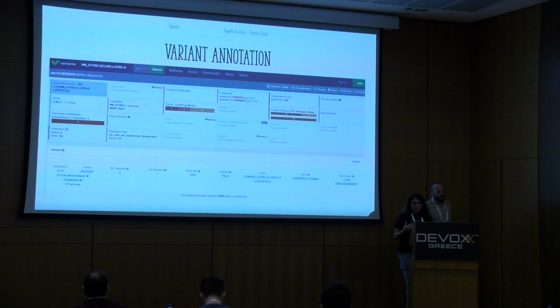A second source of information is information about genes or variants and their association to potential diseases that we find in publications. And we're going to focus the next few minutes on this topic, which is more straightforward to understand, actually.